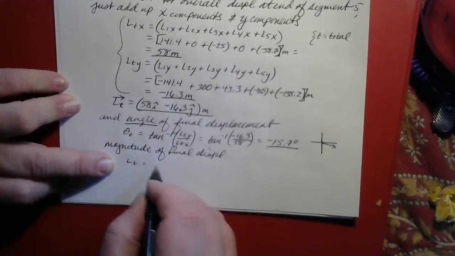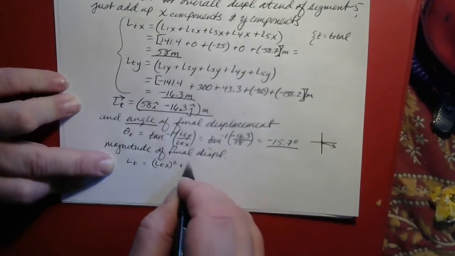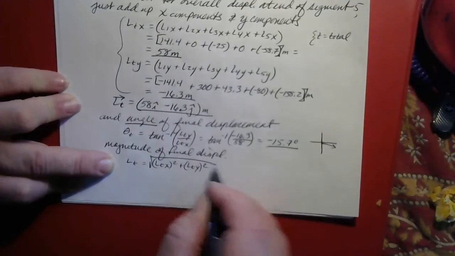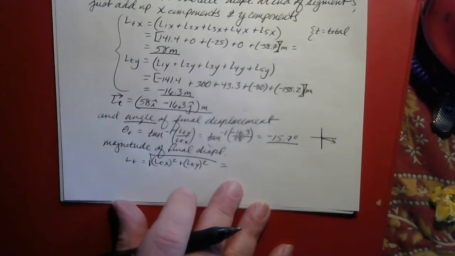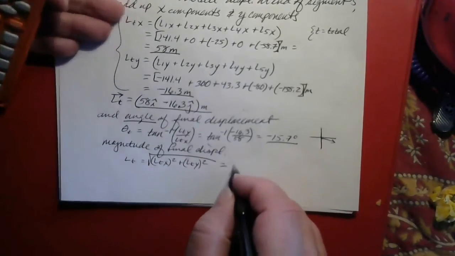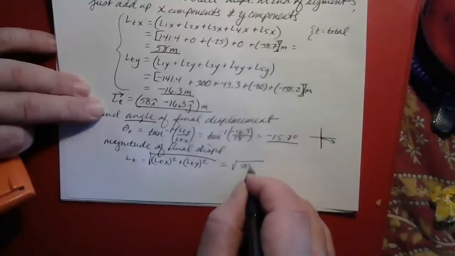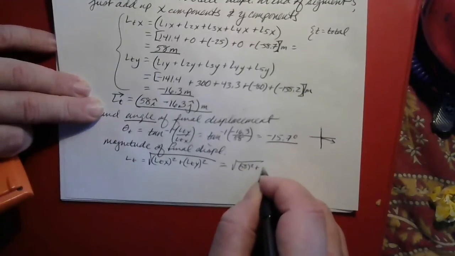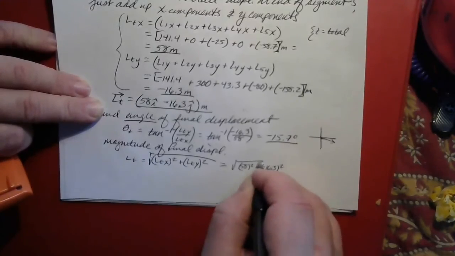We'll just call it LT. Square root of the x component squared plus the y component squared. So that would be the square root of 58 squared plus negative 16.3 squared.